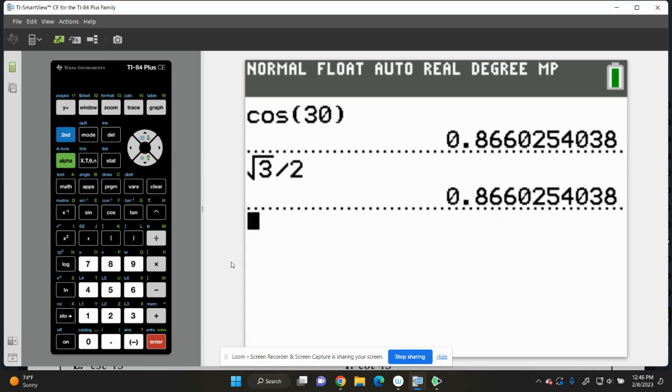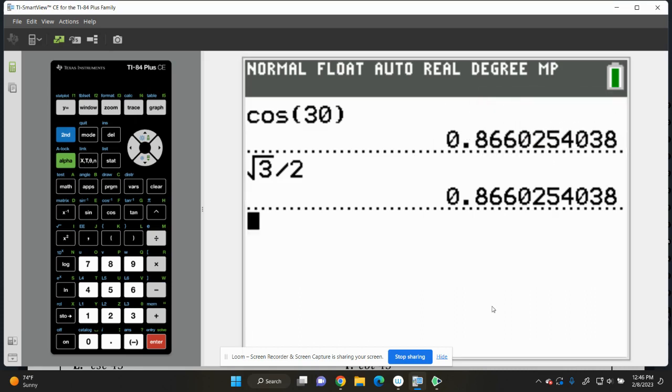Okay, so if you're asked to approximate this cosine of 30, then we can give the answer that we get on our calculator, right? Because this is an approximation because we have to round it. Everybody paying attention? If we're asked to approximate, you can give the answer from your calculator.